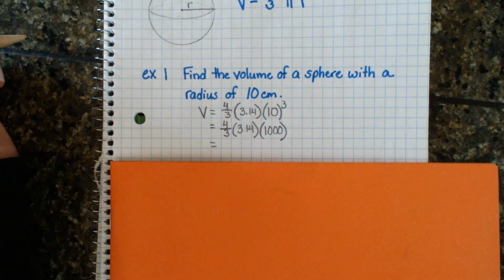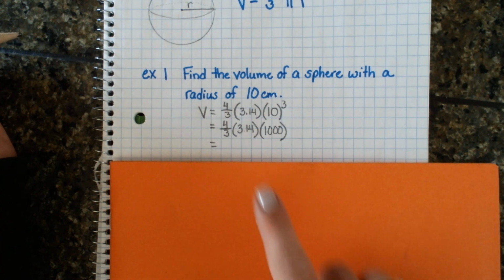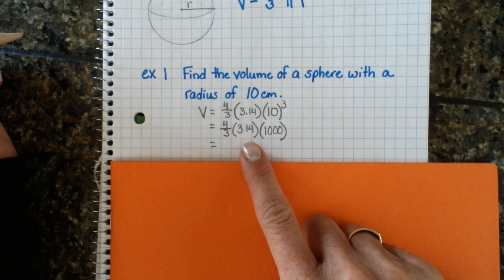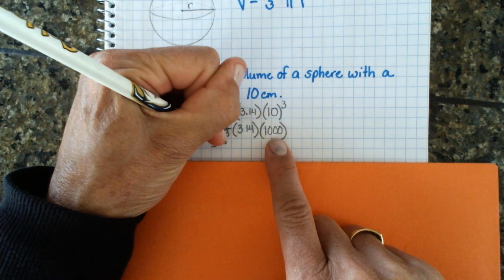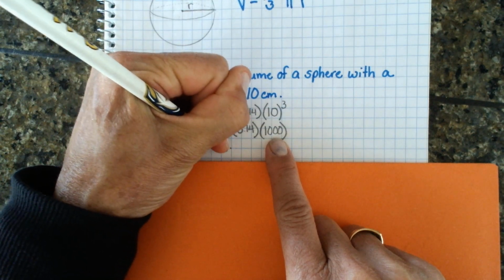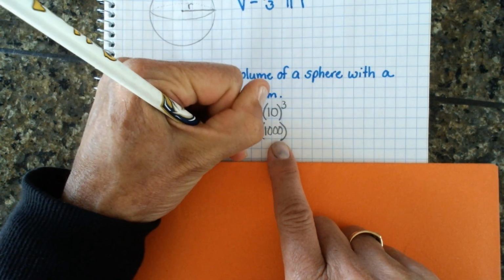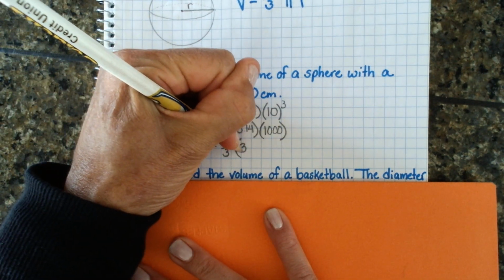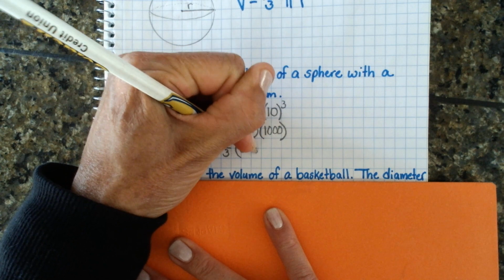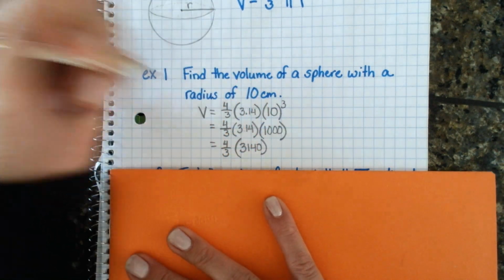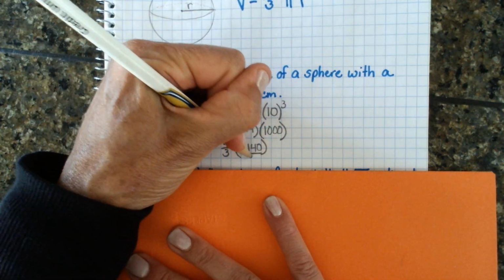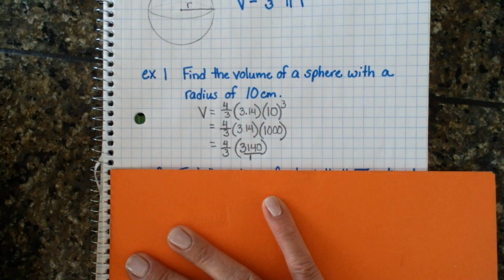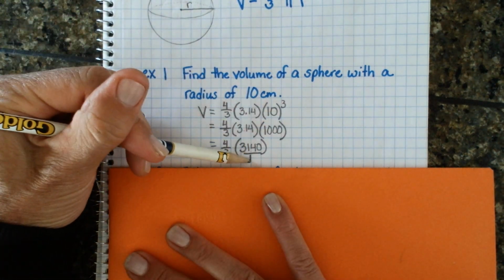Now we are going to multiply 3.14 times 1,000. Again, I'm going to leave 4/3 just as it is. Multiply 3.14 times 1,000 and we get 3,140. Okay, I'm going to think of that as a fraction, 3,140 over 1.